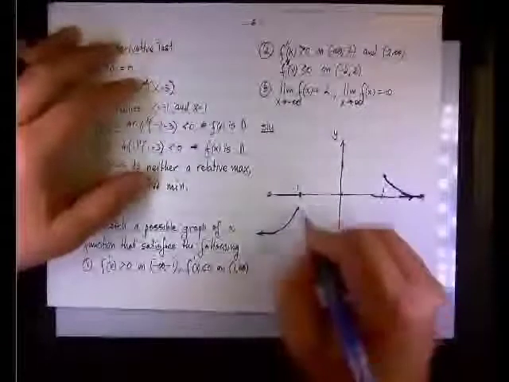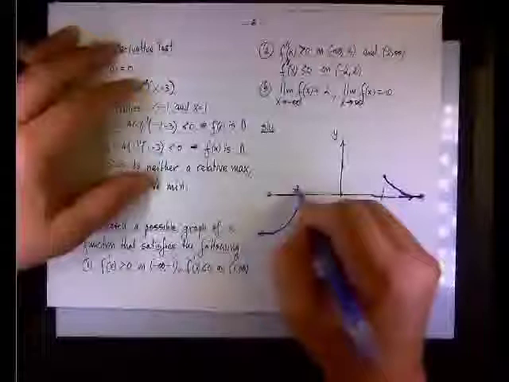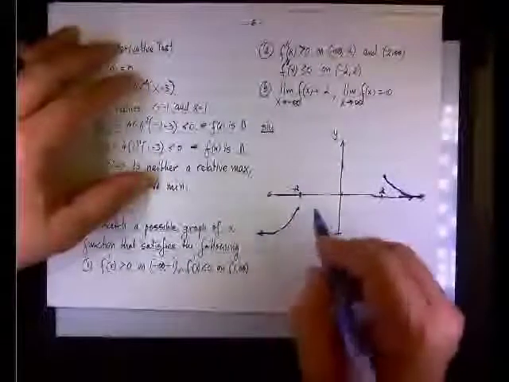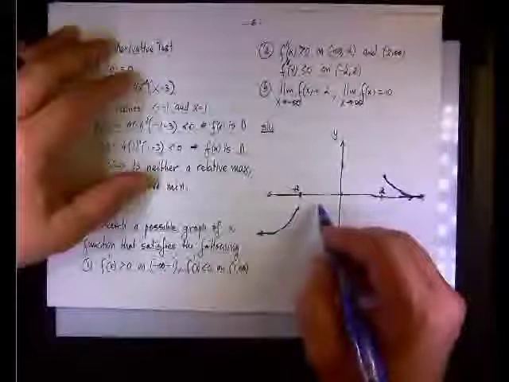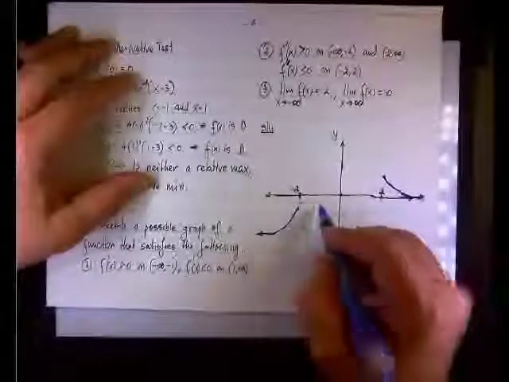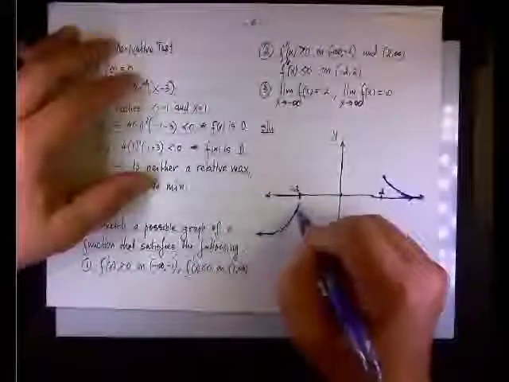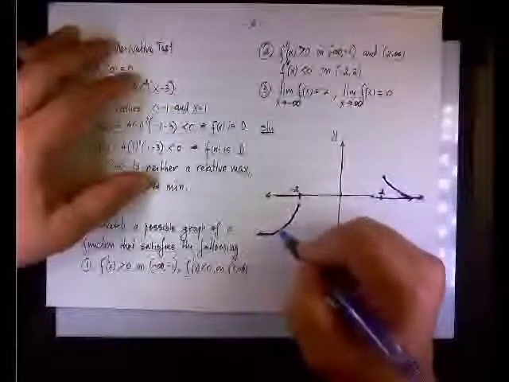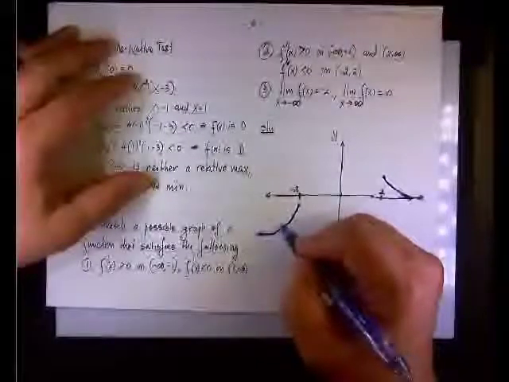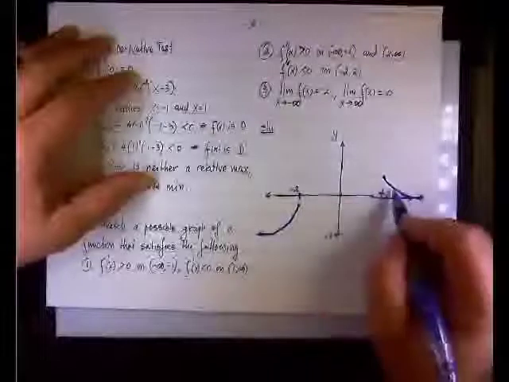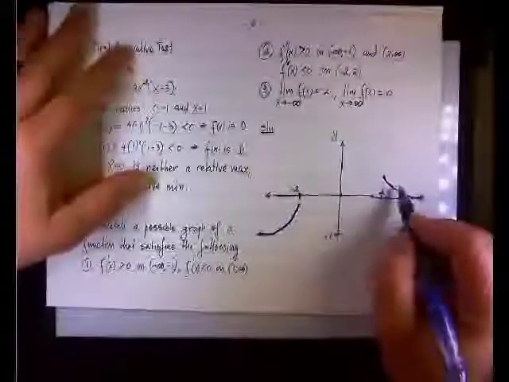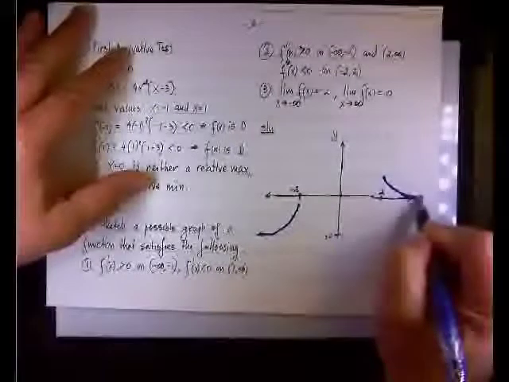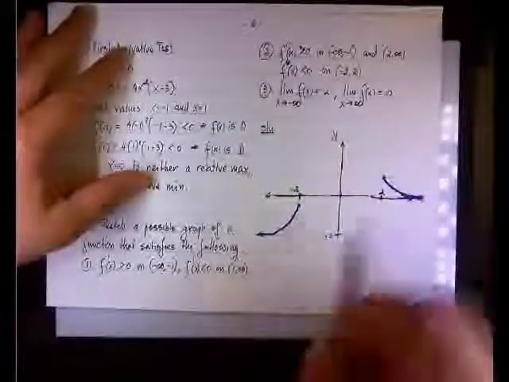I need this point to be negative 2 and positive 2. Okay? The function is concave up, f double prime positive, on negative infinity to negative 2. That's why I wrote it like so. So this is concave up, and concave up from 2 to infinity. So I did satisfy the second derivative requirement.